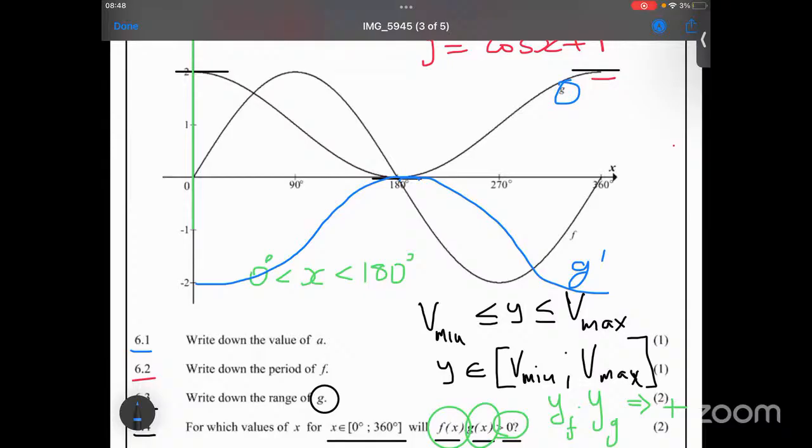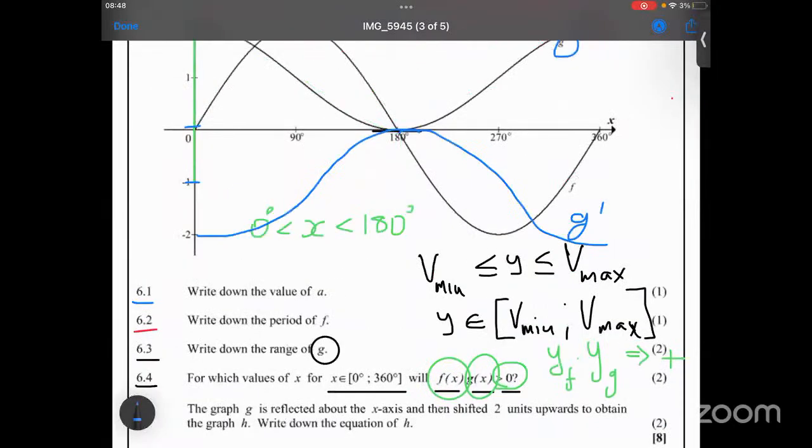Then when you shift it by 2 units upward, it has been shifted by 2 units upward. Let's see. The graph of that is reflected about the x-axis and then shifted 2 units upward to obtain that.